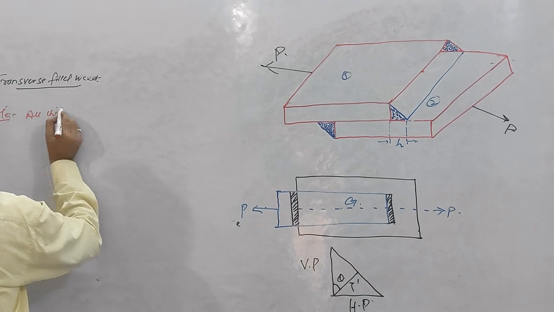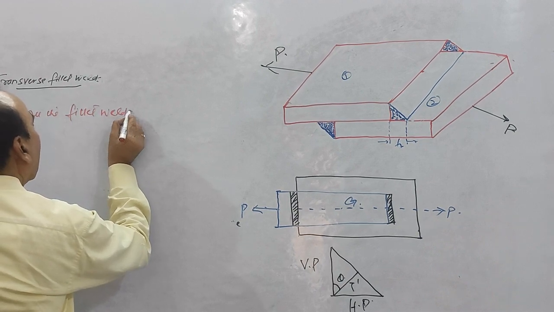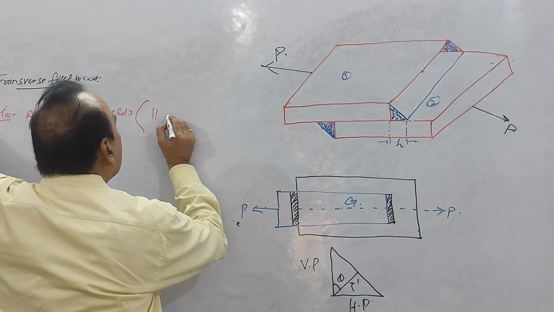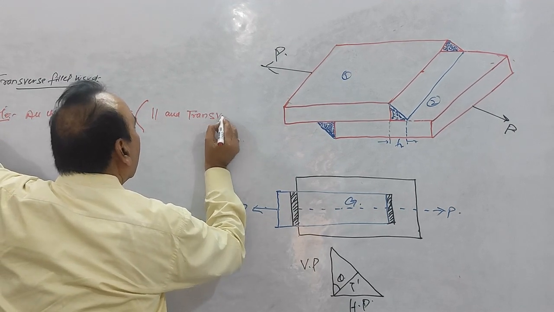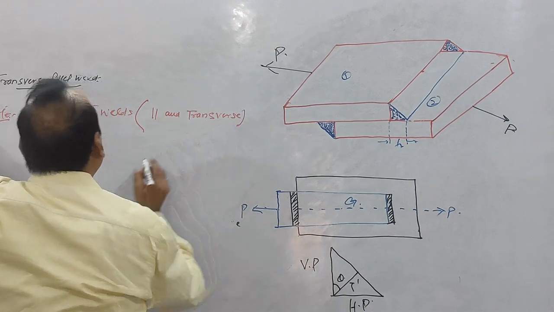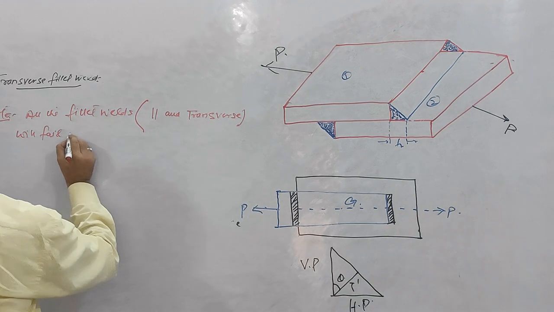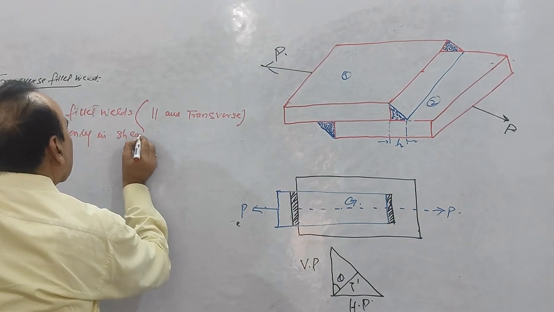All the fillet welds, parallel and transverse both, will fail only in shear, right?